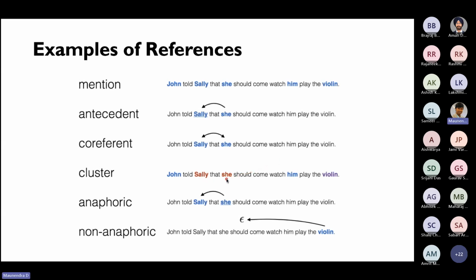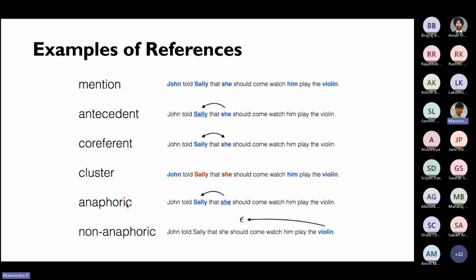Similarly, Sally and she are part of another co-reference chain. And the word violin is part of a singleton set. So in this sentence, we see three different co-reference chains. The first one is John and him. The second one has Sally and she. And the third one has only the word violin.